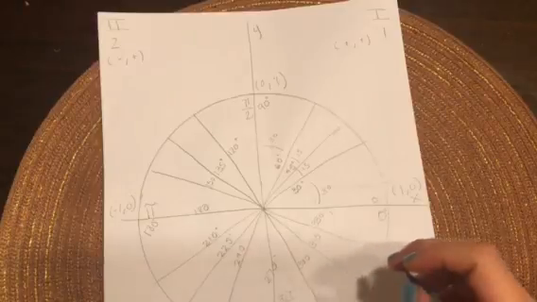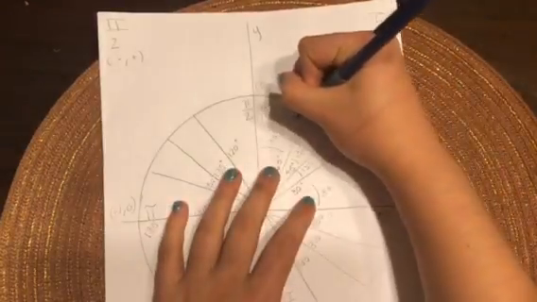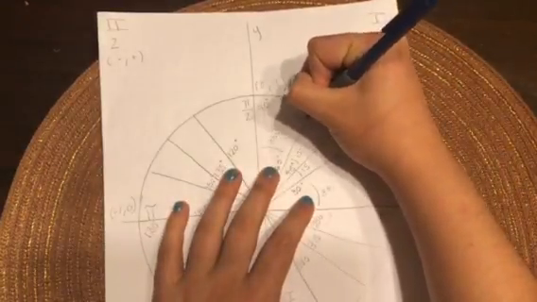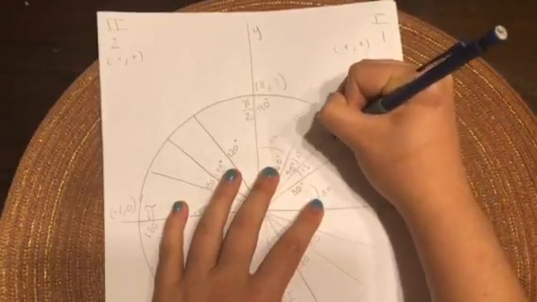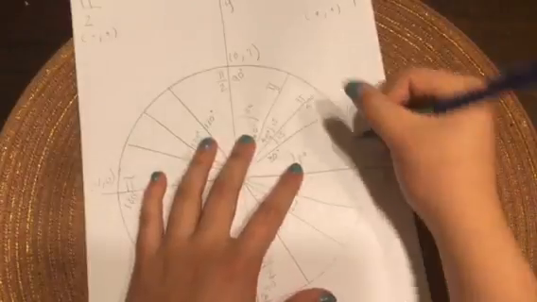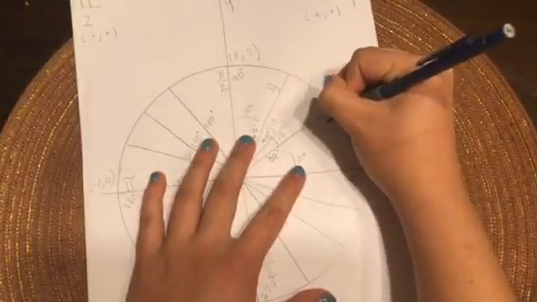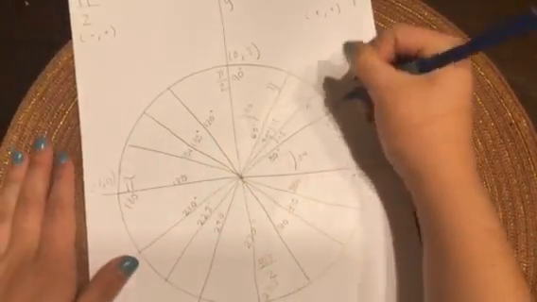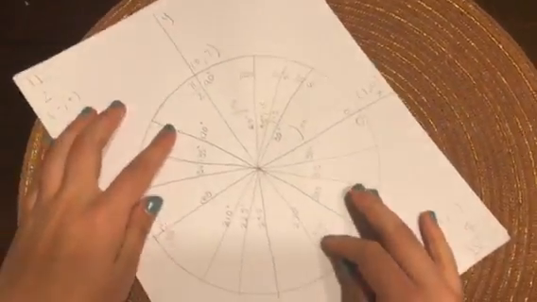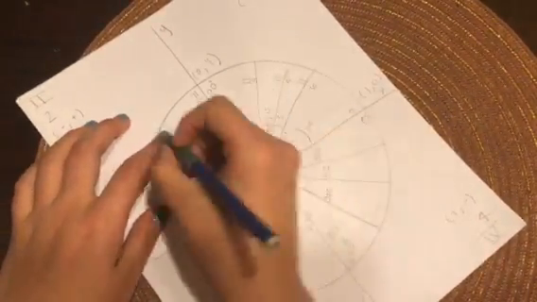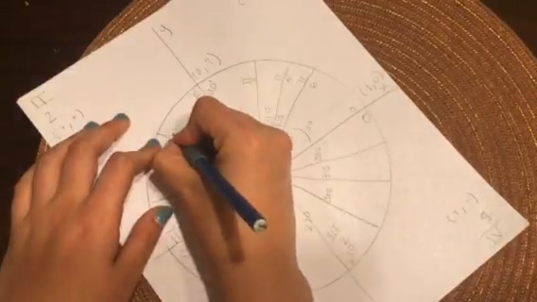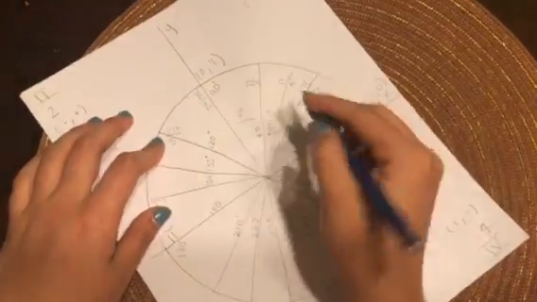So to start off, right here it's going to be pi over 3, pi over 4, then pi over 6. On this side, almost, the denominators are going to be the same. So it's going to be 2 pi over 3.